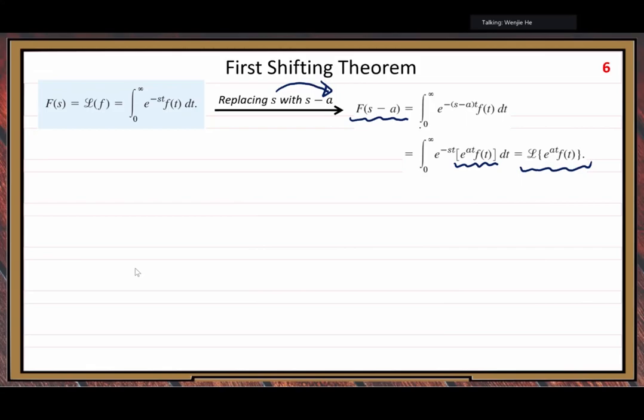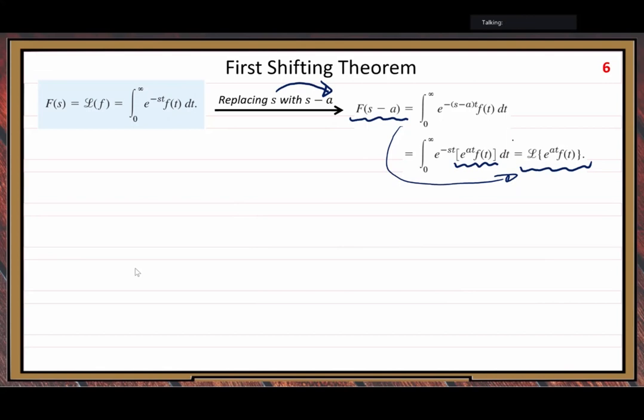You can use both ways. If capital F for this little f is known, then we multiply e to the at to the little f, and on that side you just do a shifting operation on your capital F. You get the answer. Usually people use this way.